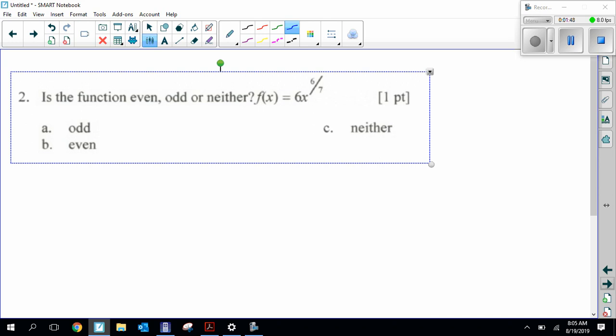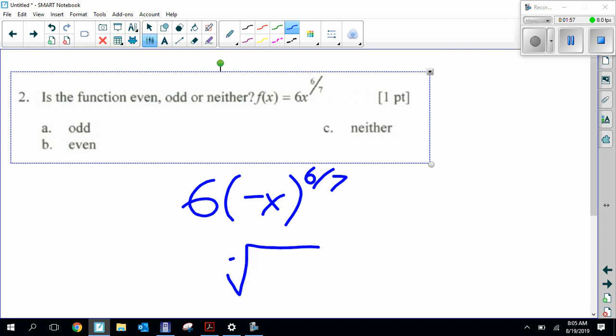Similar question. We're going to do the same thing. So 6 negative x to the 6/7. That's a 7th root of negative x to the 6th. If you do that 6th exponent first, you have negative times negative times negative times negative times negative times negative.